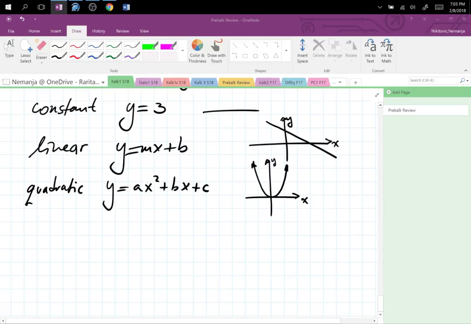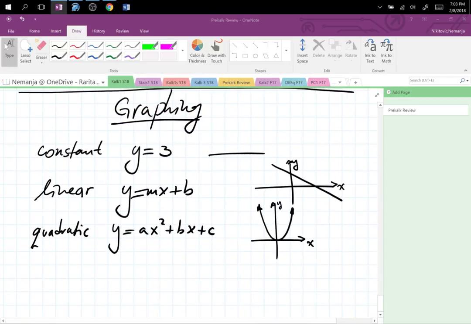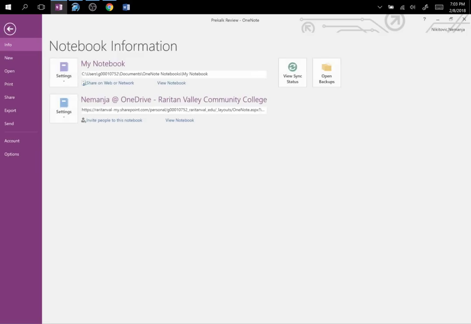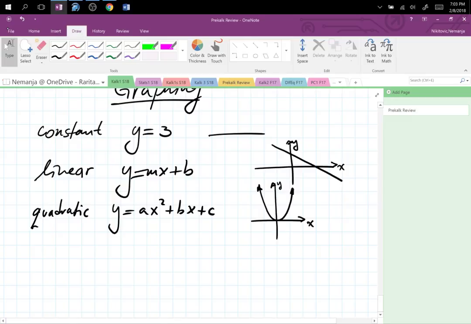Okay, so after that, there is cubic. Let me just see something. There is no save option. Okay.